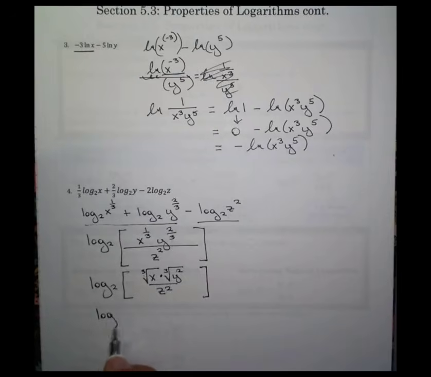So this is going to be log base 2, and I'll keep my brackets going like this because it's kind of big and it's a fraction. And this is going to be the cube root of x times y squared, and the denominator is still z squared. I don't think there's anything else I can do for this one, so that one's probably finished.